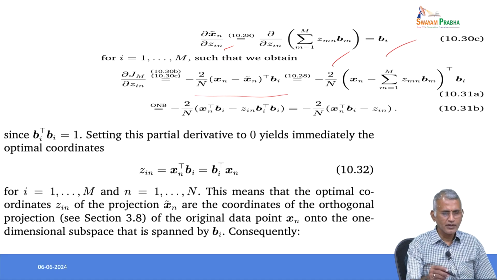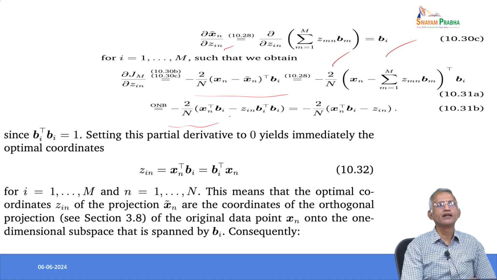So, with an orthonormal basis, this equals minus 2 by N (xn transpose bi minus zin bi transpose bi), which is equal to minus 2 by N (xn transpose bi minus zin).